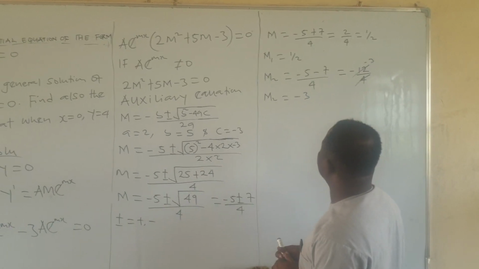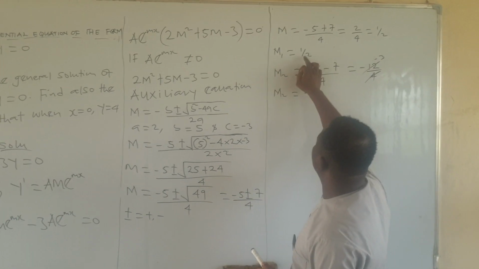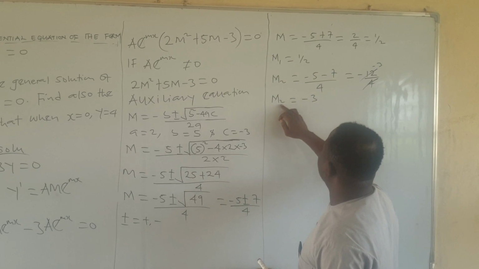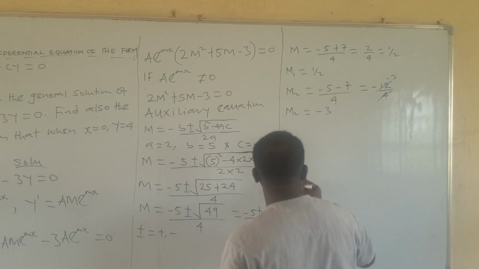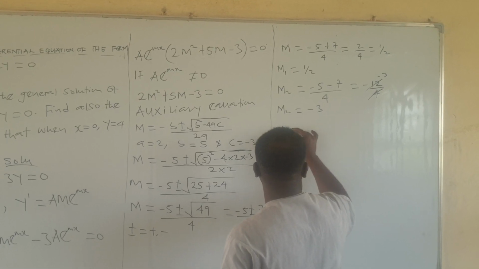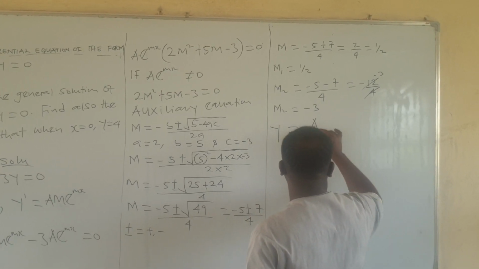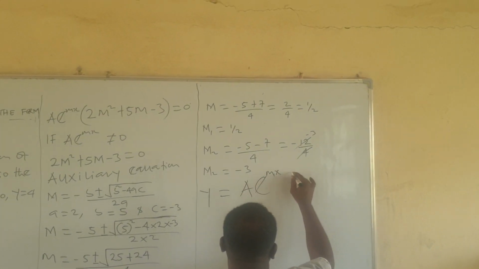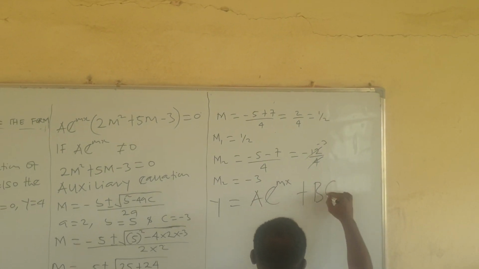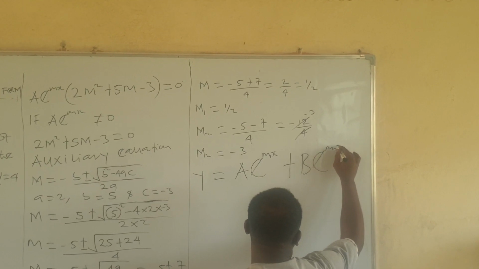Real and different. That is, m1 is equal to 1 all over 2 and m2 is equal to minus 3. So the general solution will now be y equals a e to the power m1 x plus b e to the power m2 x.